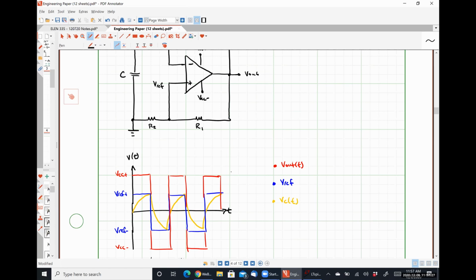If you put an LED on the output here, and you chose VCC minus as ground, effectively what this circuit acts like is an on-off switch for this LED. So at one particular frequency, it'll blink. And then if you use the potentiometer to change the frequency, it would blink at that new frequency.